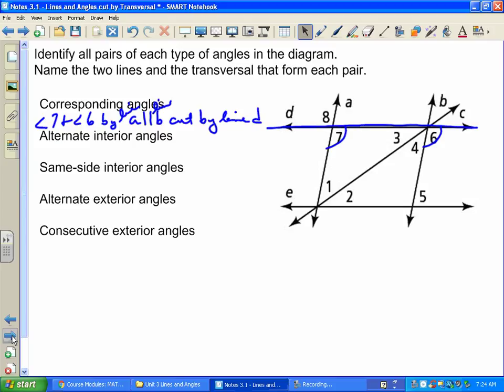Alternate interior angles. Those are angles that have to be between two lines. So let's first focus on these two parallel lines being cut by this transversal.